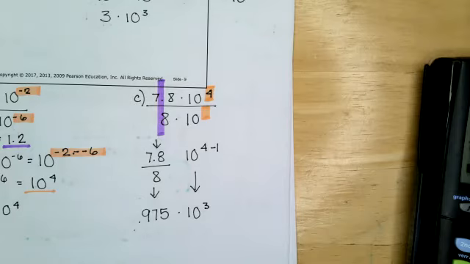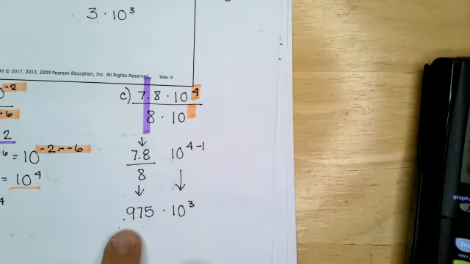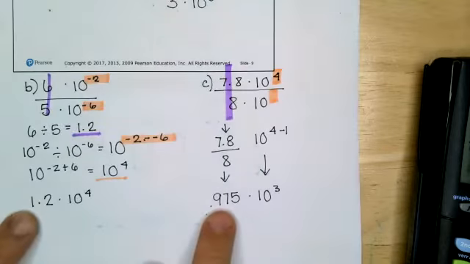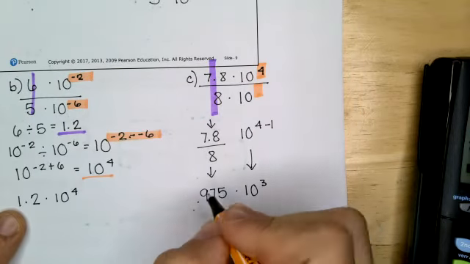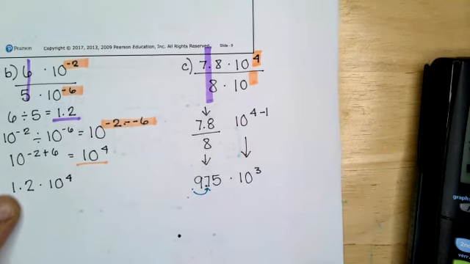However, again, this is an answer and it's not wrong, but it's also not in scientific notation because it doesn't have a single digit in front of the decimal. So we need to take 0.975 and move the decimal right here so that we have 9.75.